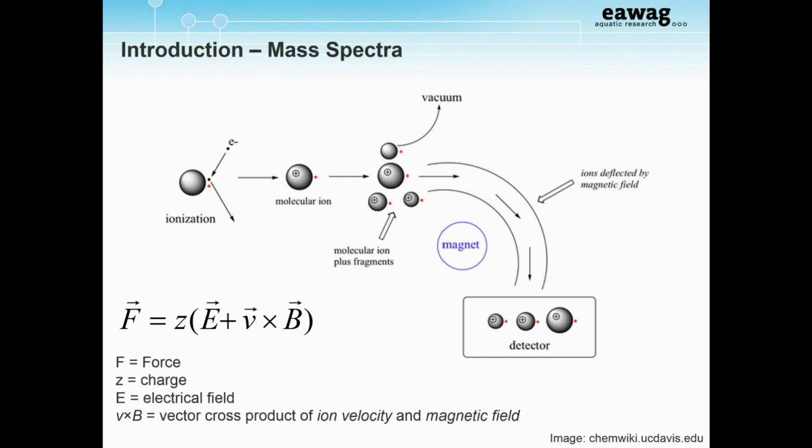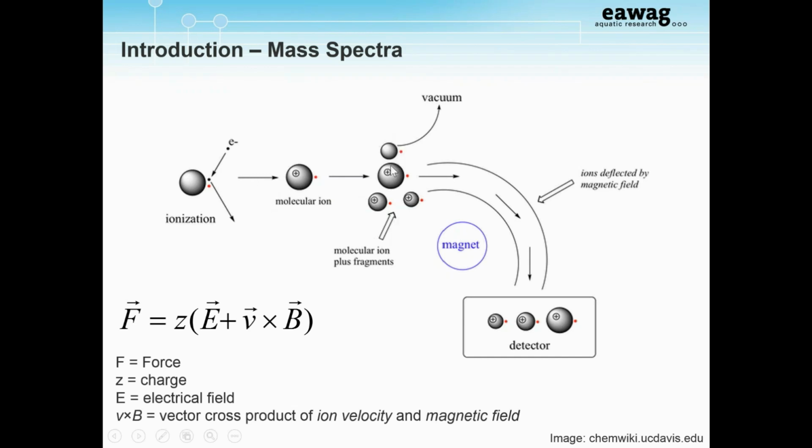So just to give you a brief introduction to mass spectra and how mass spectra are actually created, what you can see here at the left is a molecule represented by the grey dot. In a mass spectrometer, this is ionized, and we create what's called the molecular ion. This ion can have fragments happening as well, and these fragments will be of different sizes.